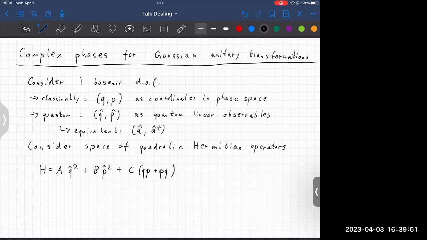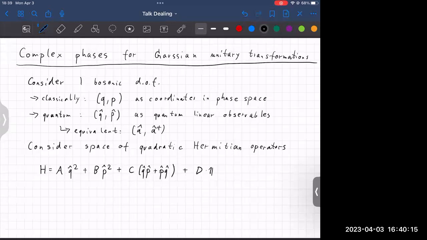So from that, we see that the space of these quadratic operators, of course, I could then always put plus D times the identity as quantum operator, but that's not so super interesting.